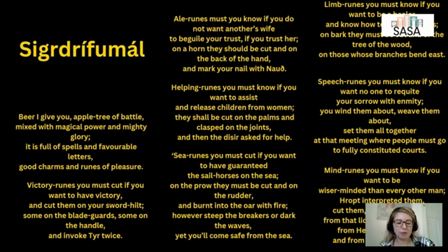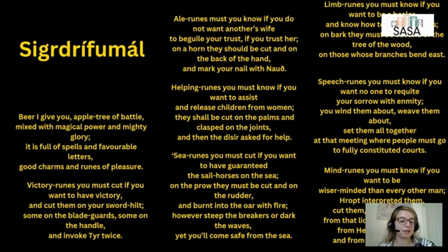Helping runes are also mentioned if you know how to assist and release children from women. It's quite unclear why Sigurd would have needed to know this spell, but it is included here. Also, the Dísir are mentioned. They shall be cut on the palms and clasps on the joints, and then the Dísir ask for help.